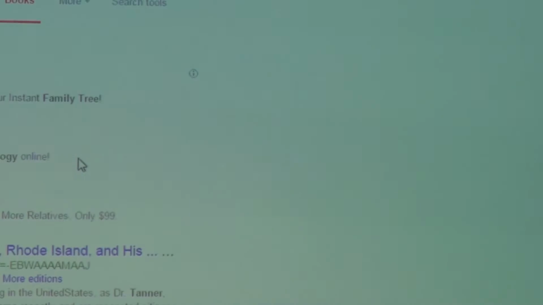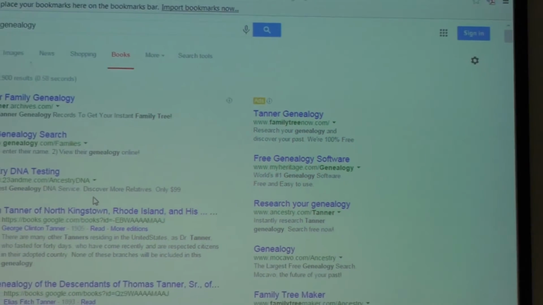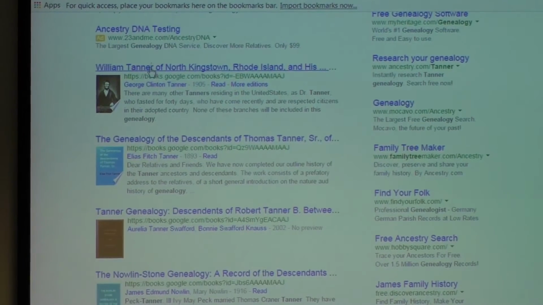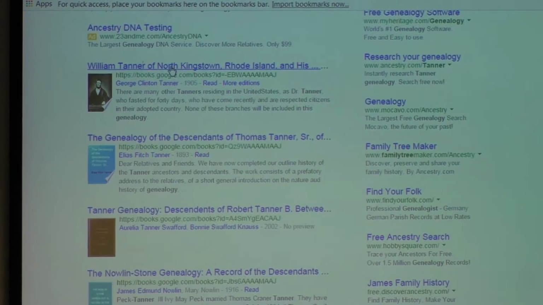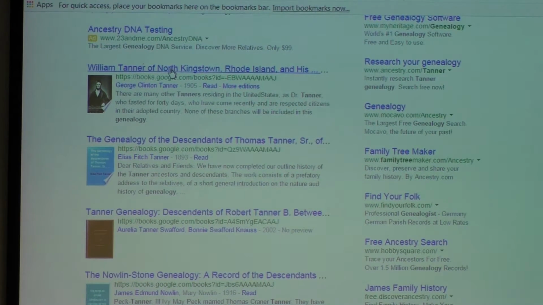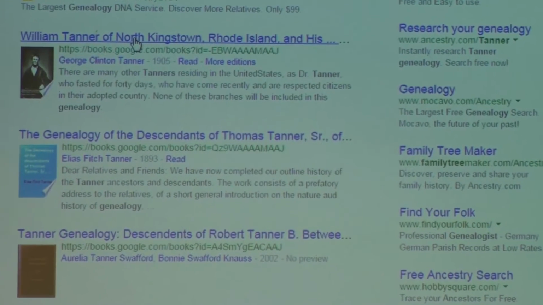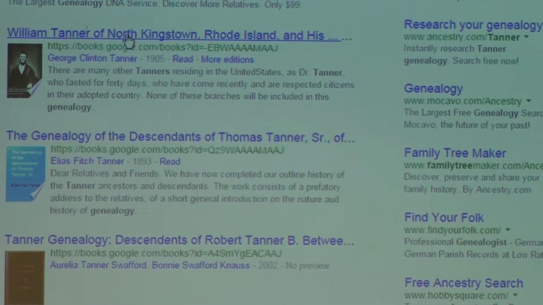In that one I've got about 19,000 books. The first one up here is called William Tanner of North Kingston, and that is my remote great-grandfather going back to the 1680s, who is the first Tanner from our line who shows up in America.